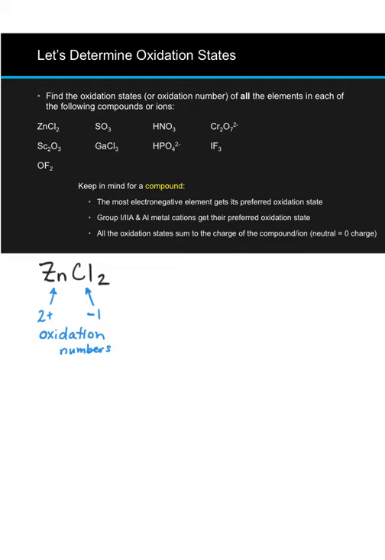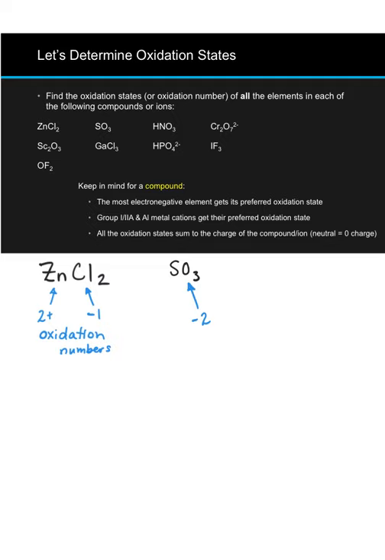In a covalent substance like sulfur trioxide, SO3, we can use a similar approach to assign oxidation numbers. Even though this isn't an ionic compound, we can still recognize the most electronegative portion of this compound, oxygen, as getting a preferred charge, or oxidation number. We know based on oxygen's position on the periodic table that it likes to form -2 anions, and it likes to have the oxidation number -2.